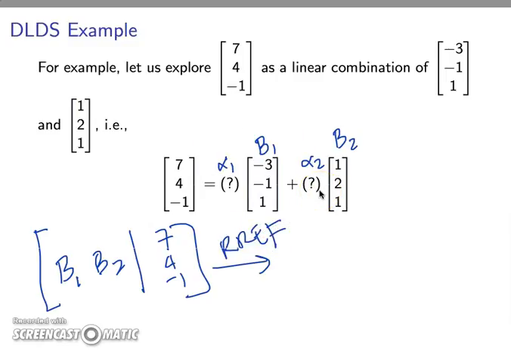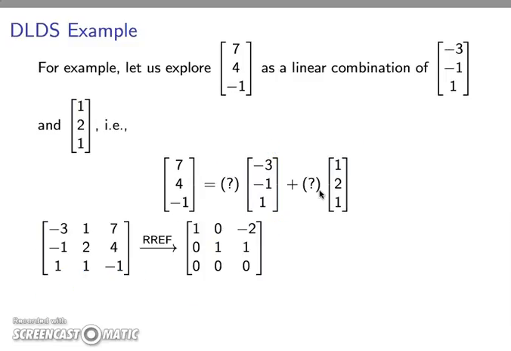Finding those scalars is equivalent to finding solutions of a system of linear equations, right? By row reducing, we find the solution set, and in this case the unknowns are alpha 1 and alpha 2. The first row tells you that 1 alpha 1 equals -2, and the second row tells you that 1 alpha 2 equals 1, right?